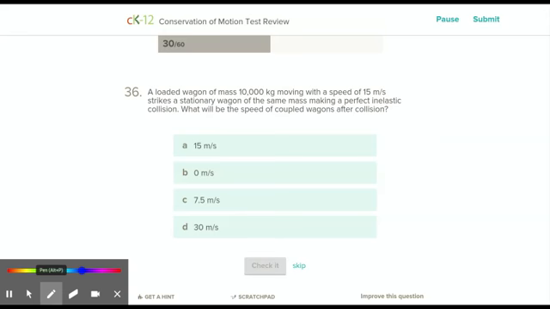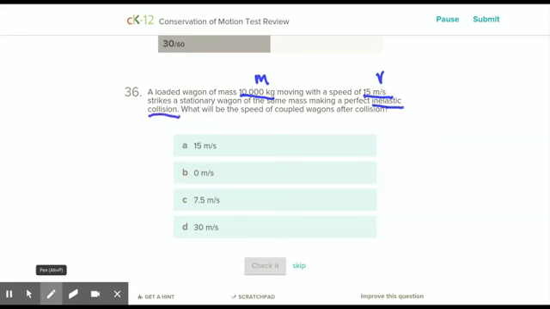A loaded wagon of mass 1,000 kilograms, moving with a speed of 15 meters per second, strikes a stationary wagon of the same mass, making a perfectly inelastic collision. Okay, inelastic collision, so there will be kinetic energy lost, right?